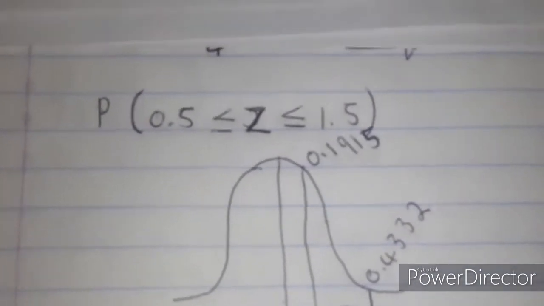Now we want the probability of between 30 and 34.